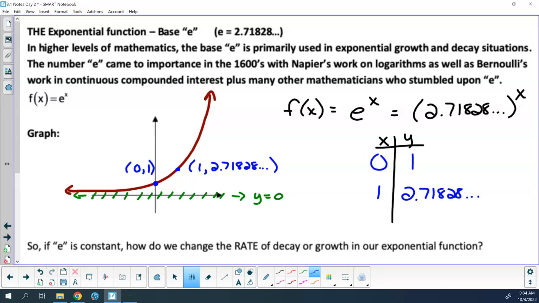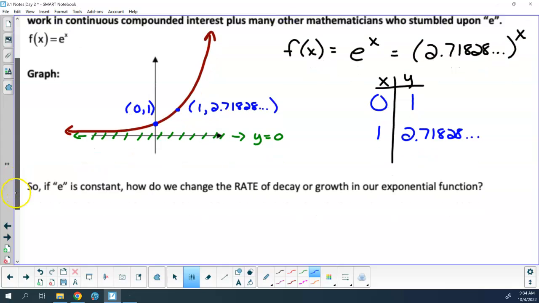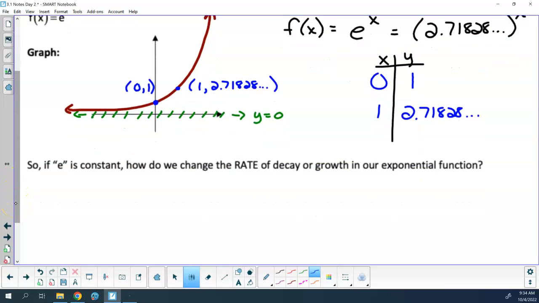So if that's the case, how do we change the rate to make it be a decay or a growth? Because it's growing right now, but how do we make it become a decay? Negative. Not a negative e.